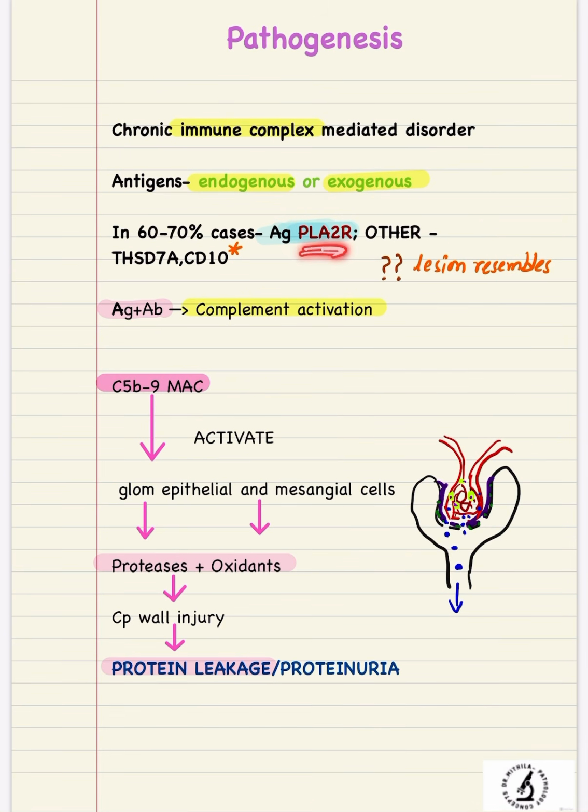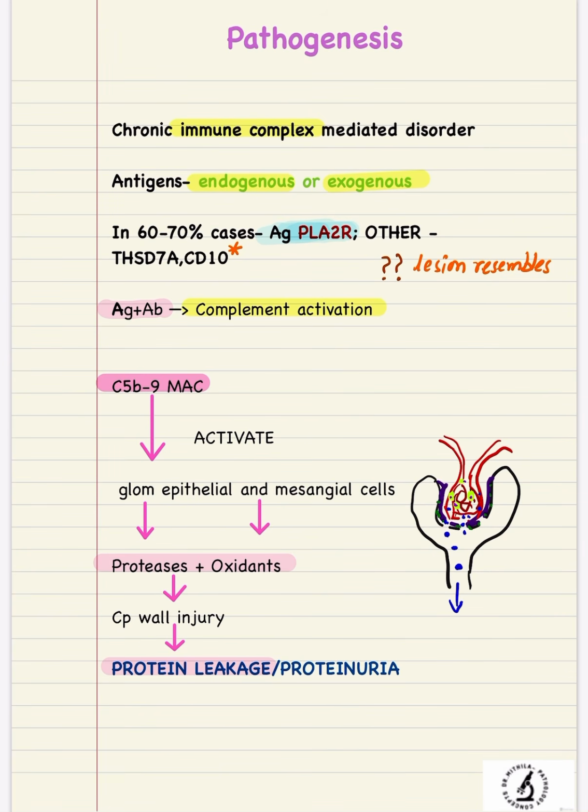This antigen is present in the podocyte, in the basal part near the glomerular basement membrane. The antibodies are directed against these antigens, so immune complexes form between the podocyte and basement membrane, and with time get deposited in the subepithelial location.